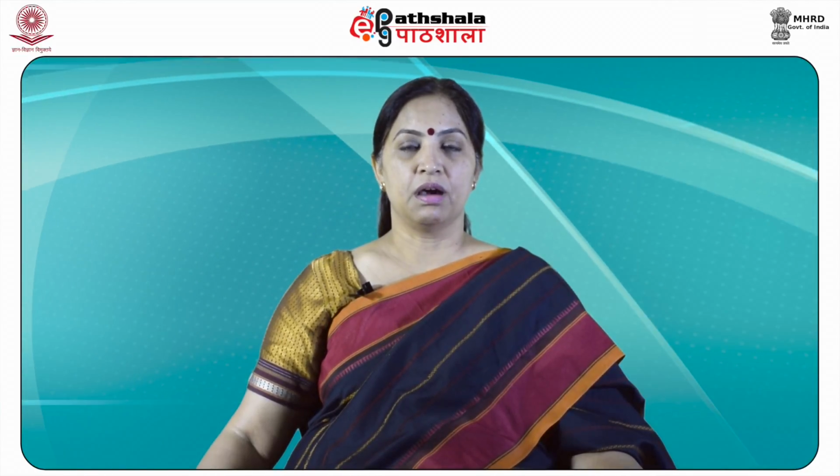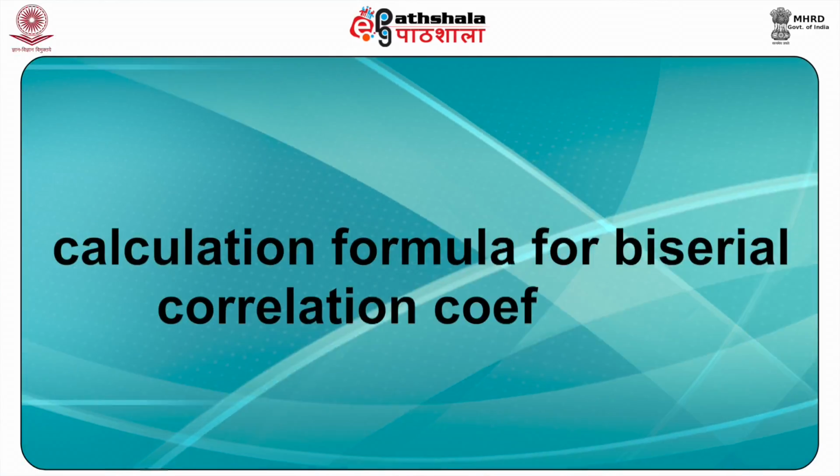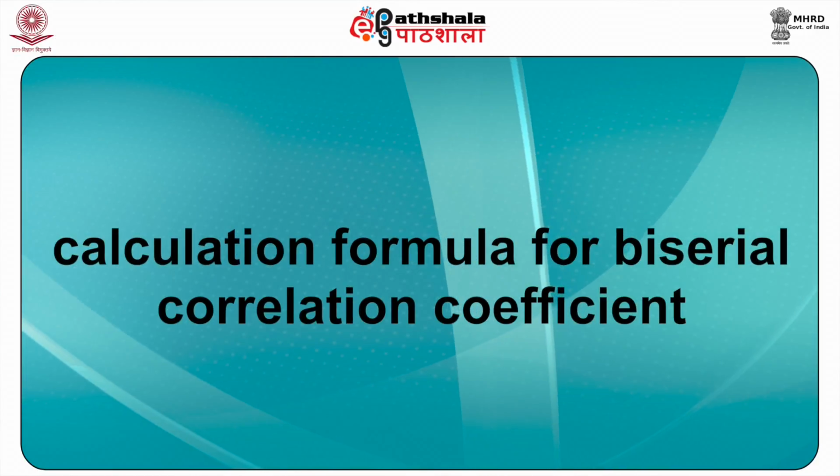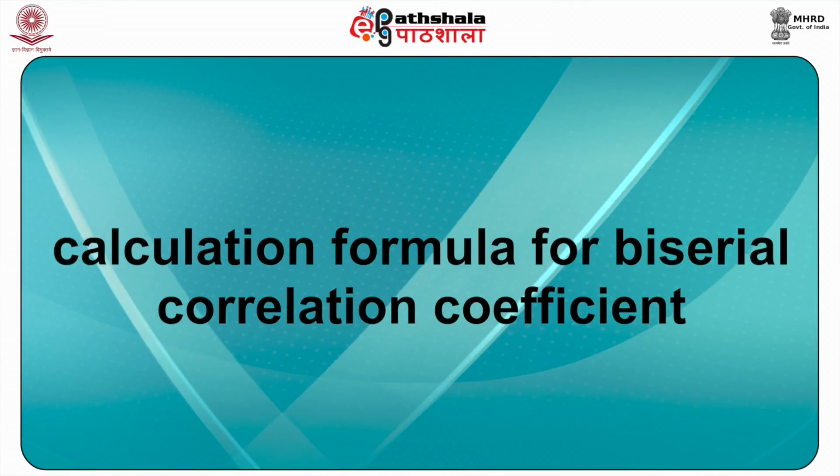The biserial R cannot be used for comparing with other correlation coefficients as it goes beyond the range of +1 and -1. Let us look into the calculation formula for the biserial correlation coefficient.